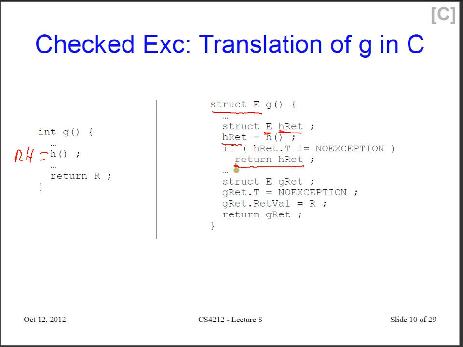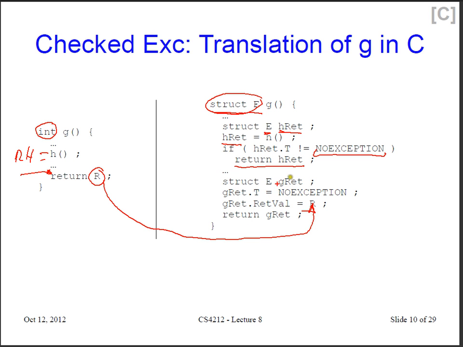If no exception has been thrown, if the return value of H is exactly this one, right, and we have made it to this point through execution, we have to return R, but we can't directly return R. Remember, this R should be an integer, right? But here, the return value should be an E, so we have to embed the R inside a structure.